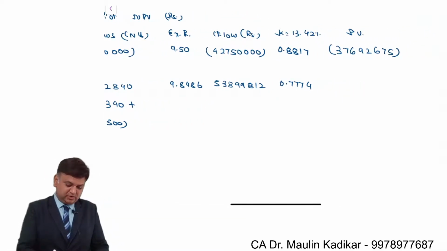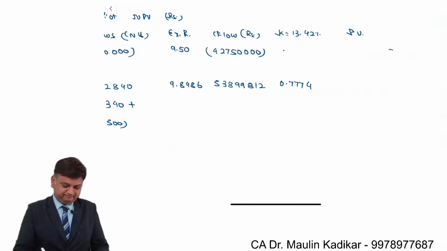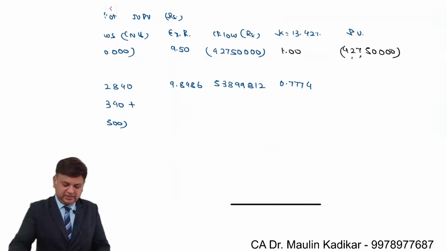Year 0 cash flow will not be subject to discount. 5 crore 38 lakhs 99,812 into 0.7774.